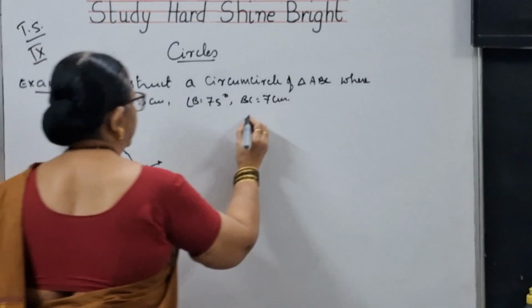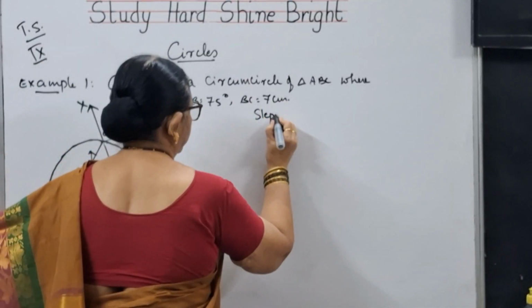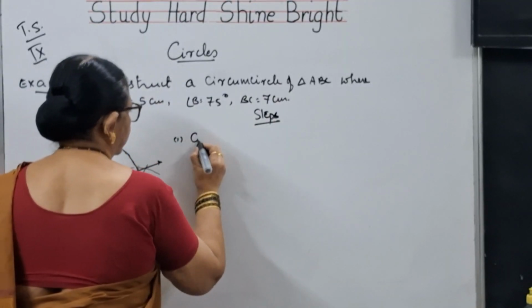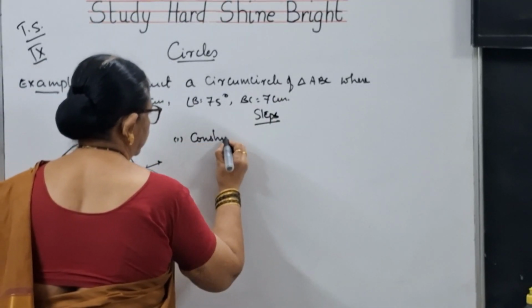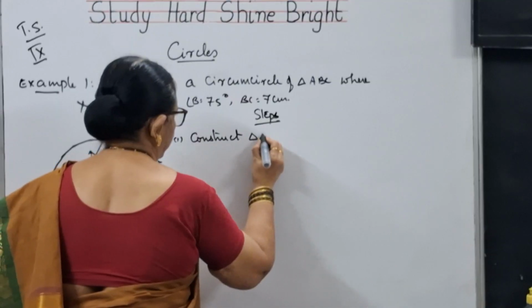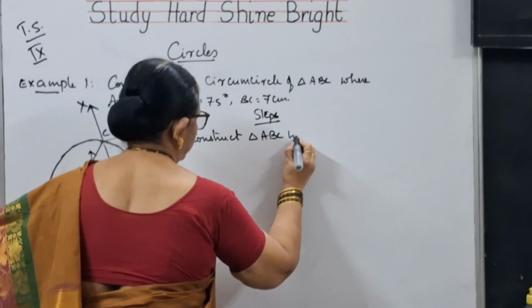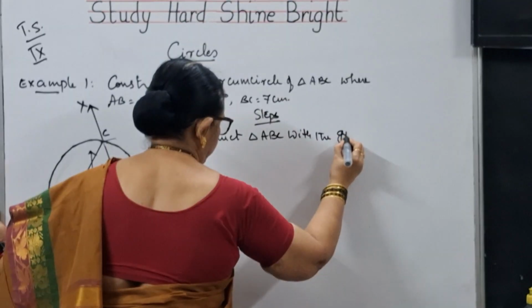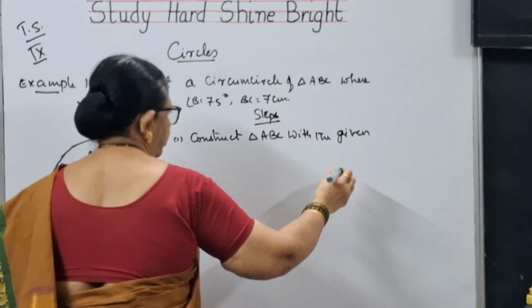So let us see what are the steps for it. The steps are: first one, construct triangle ABC with the given measures.